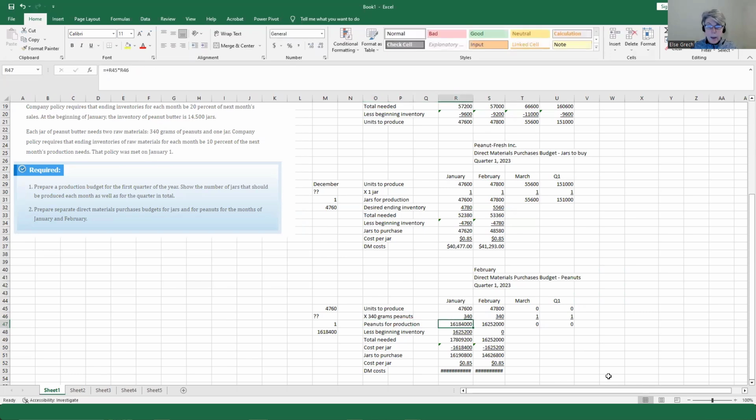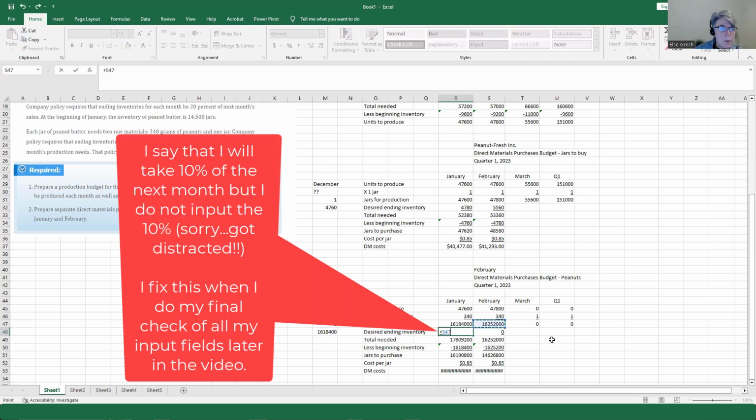I need this many grams of peanuts and this many grams of peanuts. Then I'm going to paste this down. I need the desired ending inventory. The desired ending inventory we know is going to be 10% of the next month. So I'm going to take 10% of this next month.